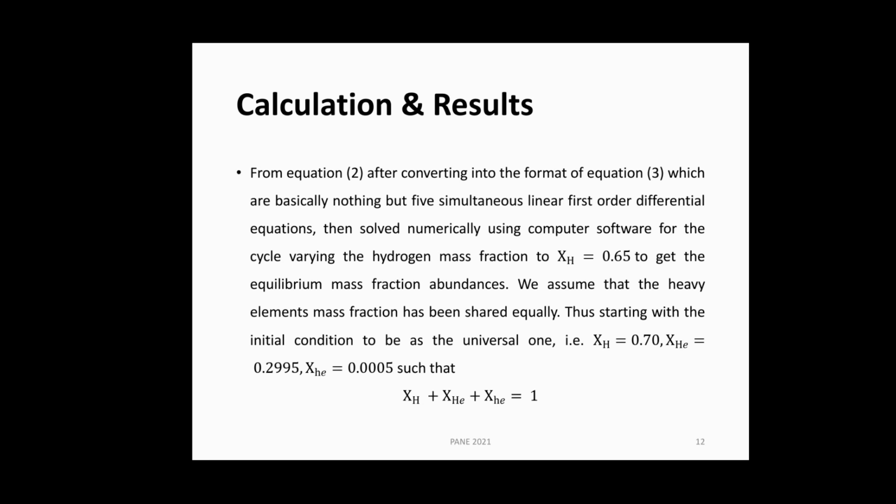For the initial condition, the mass fraction of hydrogen is 0.7, helium is 0.2995, and the heavy elements is 0.005, so that hydrogen plus helium plus heavy elements is always equal to 1.